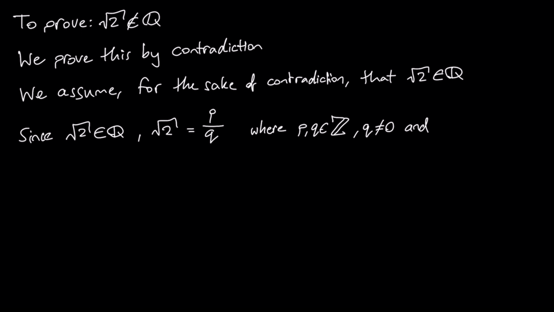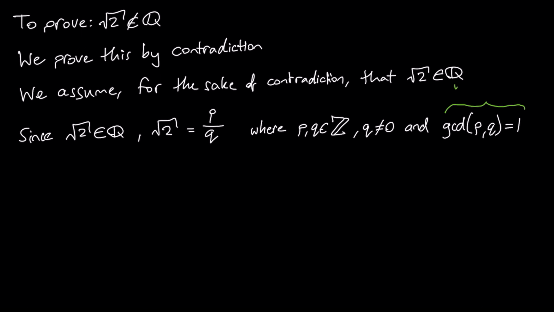And there's one more condition we have to satisfy here, and that is that the greatest common divisor of p and q is equal to 1. Now this is important, and it will play an important role in our proof.